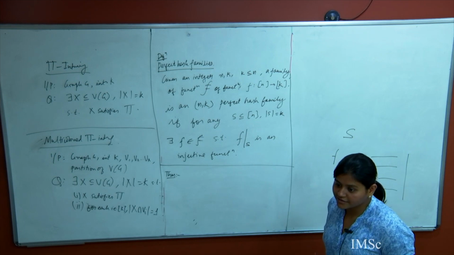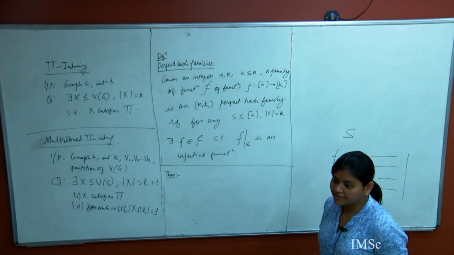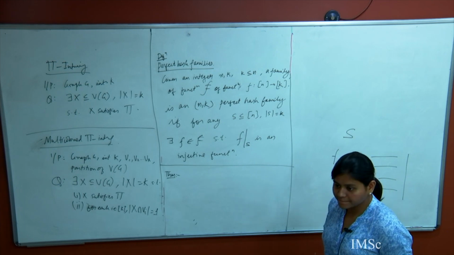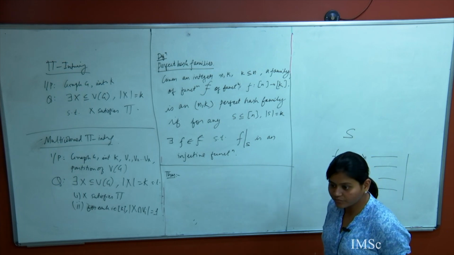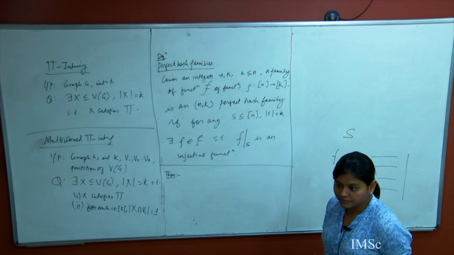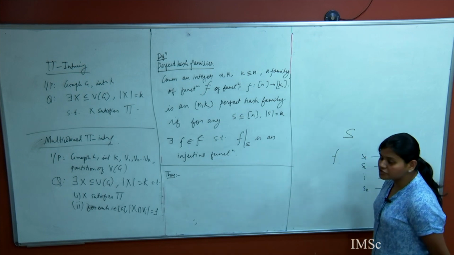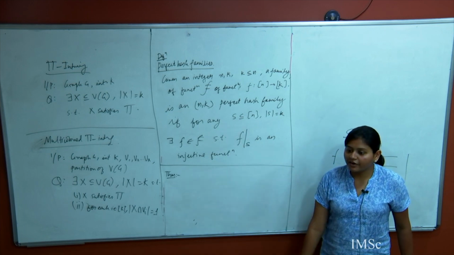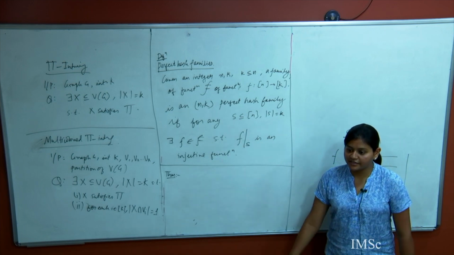The previous definition was: for all functions which map S to k, there exists something which respects it. But here by injective you're just pointing out one type, right? Yes, but this will be enough for our purpose. Given any set, there will be a function which maps it injectively. That's it.